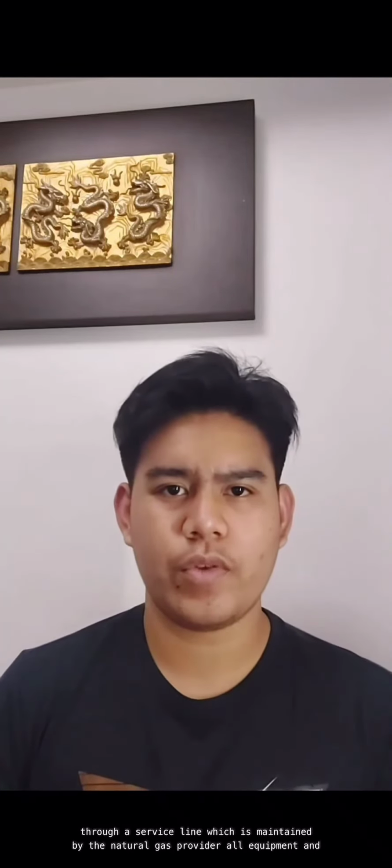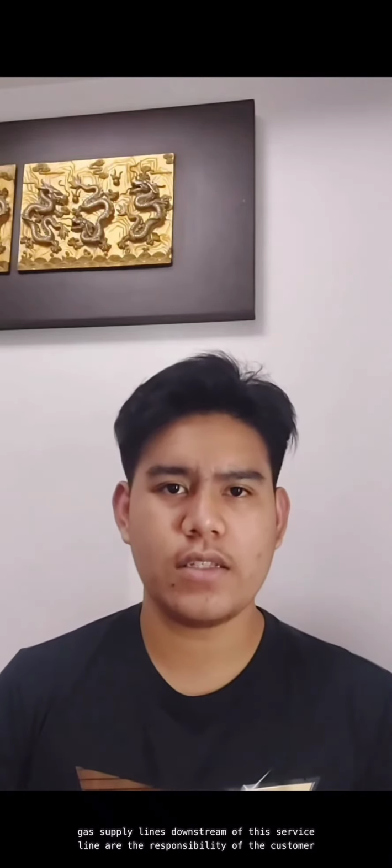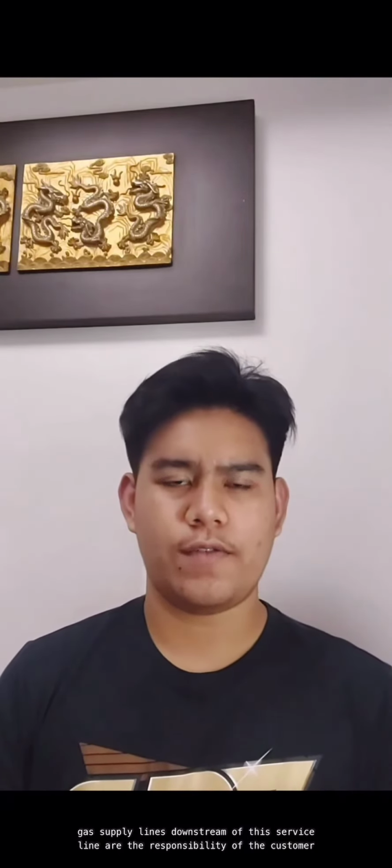Gas flows from the distribution line, also known as a main line, into a home or other facility through a service line, which is maintained by the natural gas provider. All equipment and gas supply lines downstream of this service line are the responsibility of the customer.